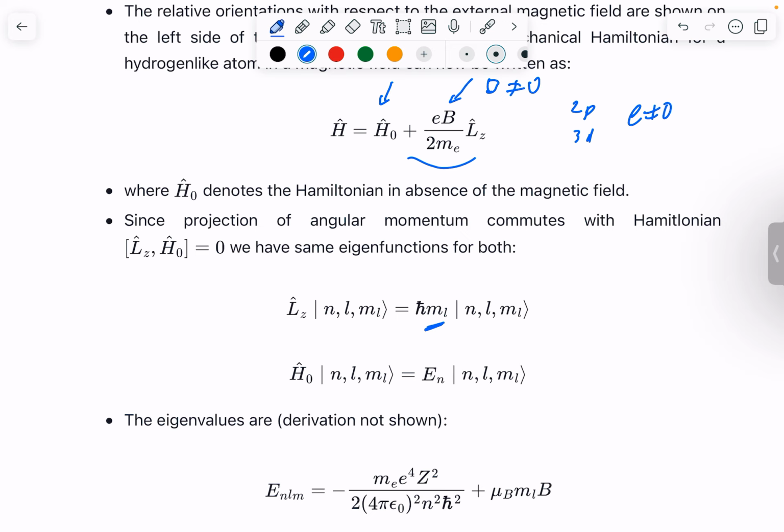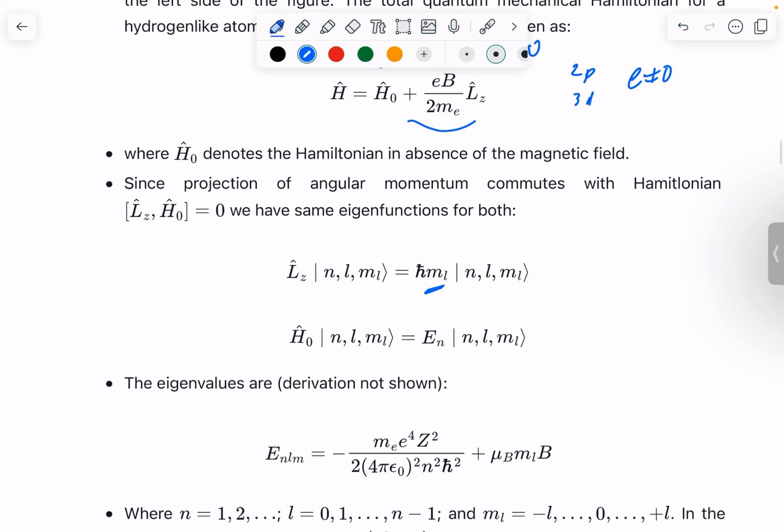Here we're once again showing the important eigenvalues that we need to plug in to get the energy of a hydrogen atom in a magnetic field. We know that both operators, the Hamiltonian and LZ, commute, and therefore, unsurprisingly, they share the same set of eigenfunctions, and they just have different eigenvalues.